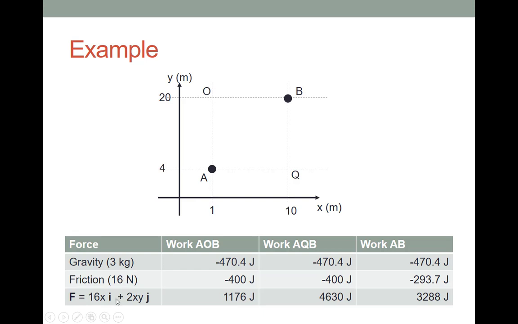Lastly, we picked a force that isn't anything other than this force. It was 16x in the i-hat direction plus 2xy in the j-hat direction. And for this one, we found that the amount of work done to get from A to B was completely different along all three paths.